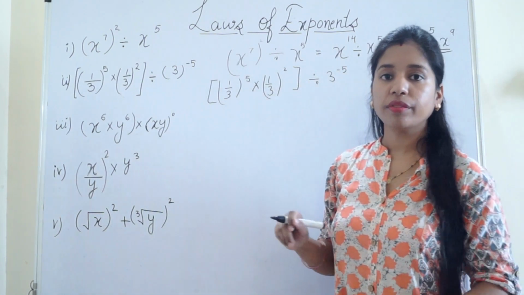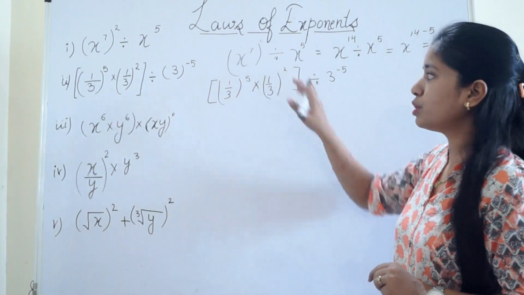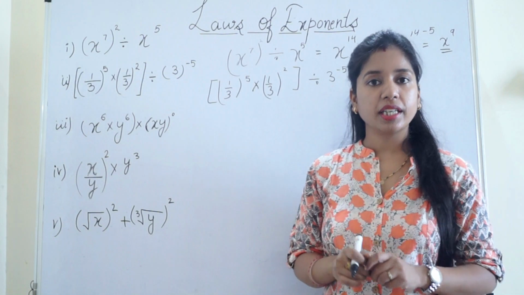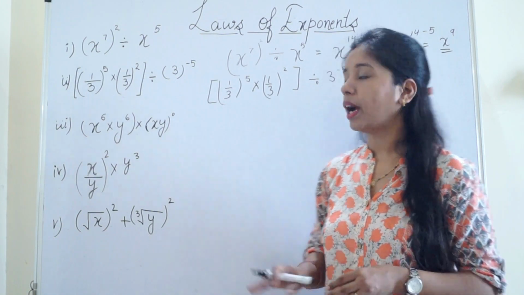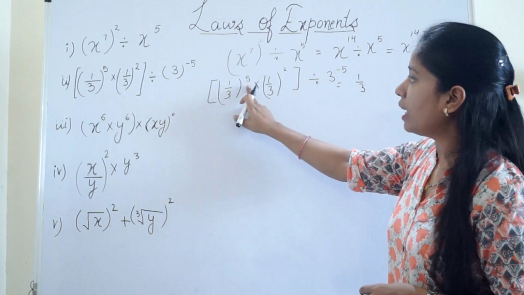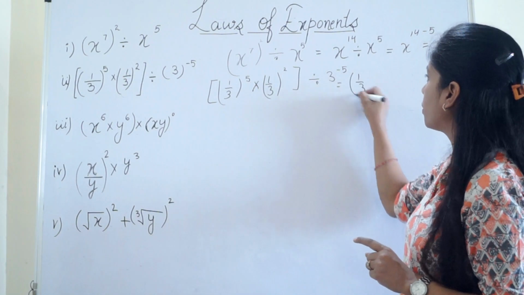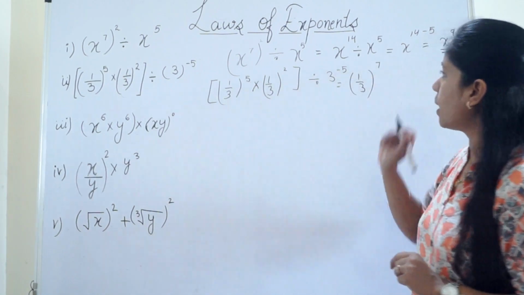The bases are 1 by 3 with powers 5 and 2, and these bases are in multiplication, so we add the powers. It becomes 1 upon 3, with power 5 plus 2, which is 7. So it will be 1 upon 3 whole to the power 7.